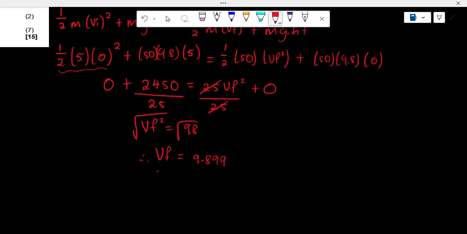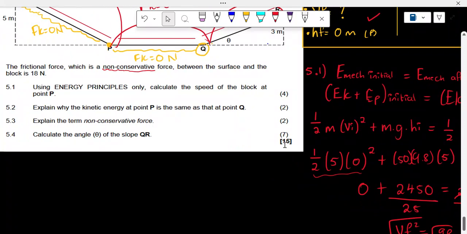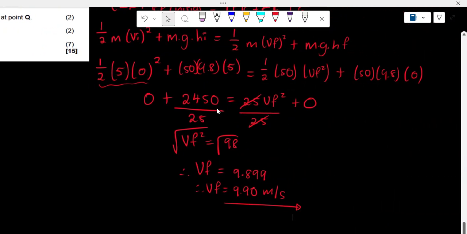That gives me a value of 9.899. So to two decimal places, the final velocity is 9.90 meters per second. And what did the question say? They wanted the speed, so we don't need a direction.